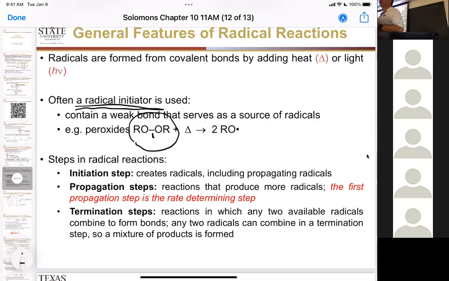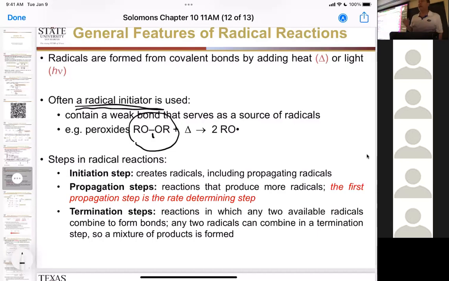So you can generate a radical both of those ways, hydrogen abstraction or reacting with a double bond, to get us to a carbon radical. Then the carbon radical can do all those other reactions. Okay, so we're using that initiator because it's easy to make the oxygen radical. And then as soon as it reacts either with a hydrogen abstraction or a double bond, it generates the carbon radical, which then you can make bonds with.